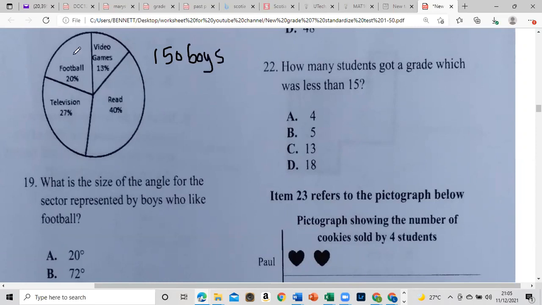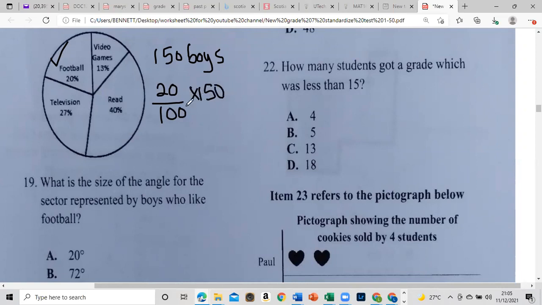Let's just look at football now. Football represents, out of this 150, only 20% goes to football. So all we have to do is find 20% of 150. And 20% is the same as dividing by 5. I'm showing you the long way because some people still don't get it. So we just find 20% of 150 and then we can go our merry way.